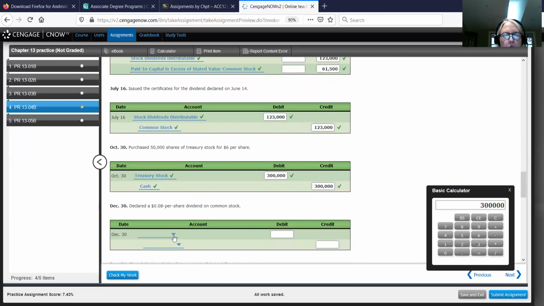Before we can fill the amounts in, we need to know exactly how many shares of stock we have on hand. So I'm going to stop sharing this screen and share the Excel spreadsheet, and we're going to calculate the number of shares that we have available for the common stock at this particular point in time.